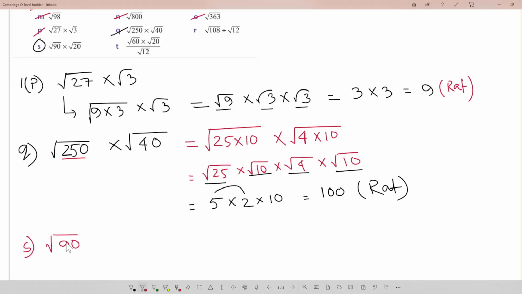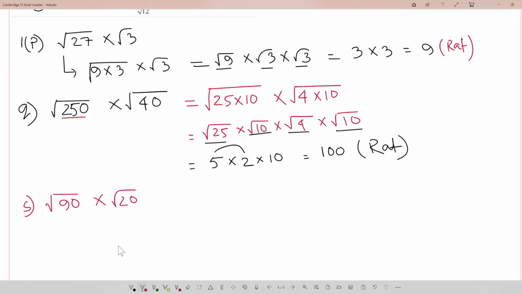Root 90 times root 20. So root 90, what can we do? We can segregate this one like 90, 16 times what?